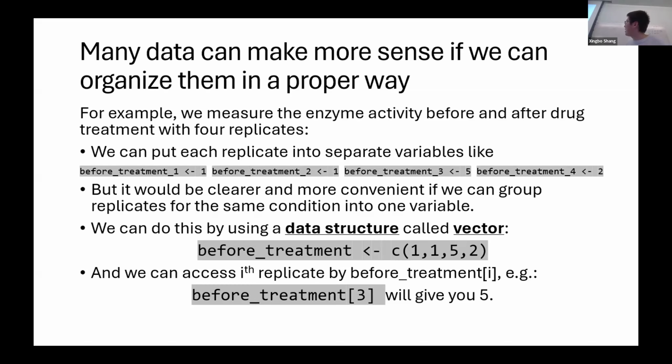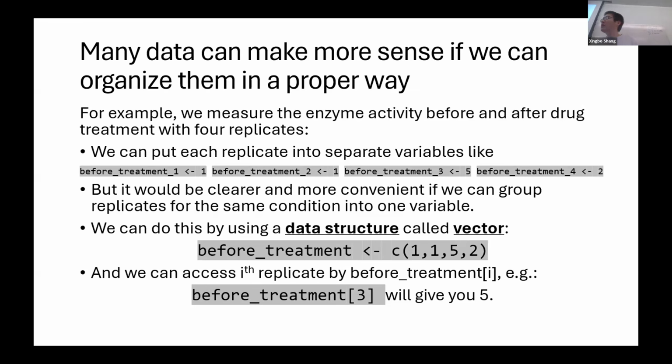First, where is each replicate? You can simply access them by using the square bracket and the index corresponding to each replicate. For example, if you want the third element in this vector, you put 3 there, and it will give you 5.